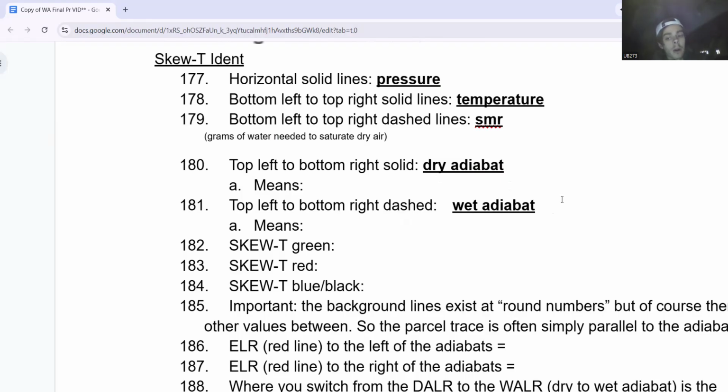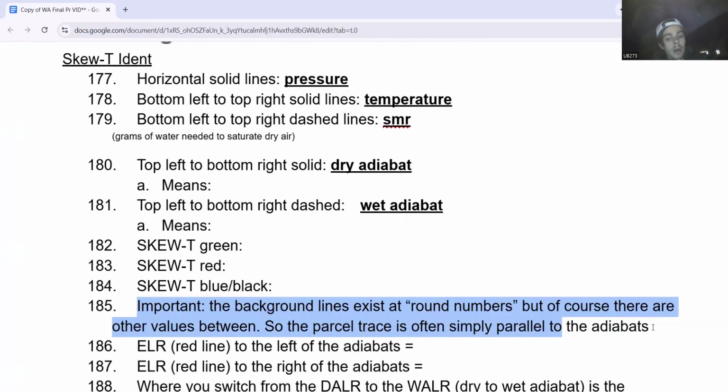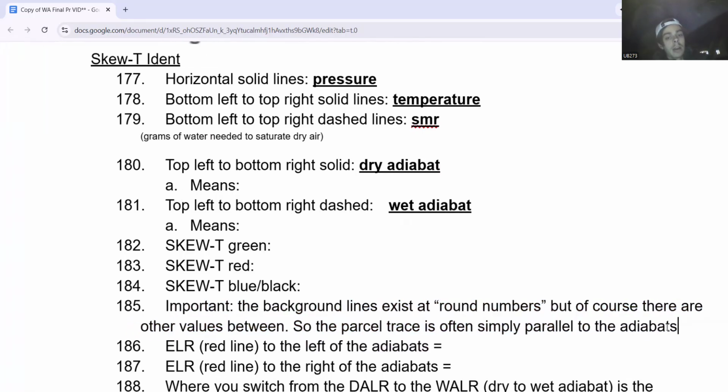Now, remember, these lines that we just described only show you the whole numbers, like the tens, or fives in some cases.